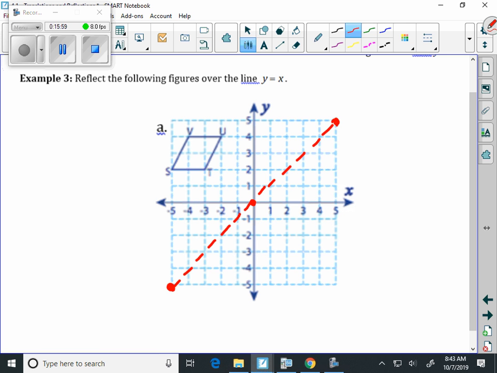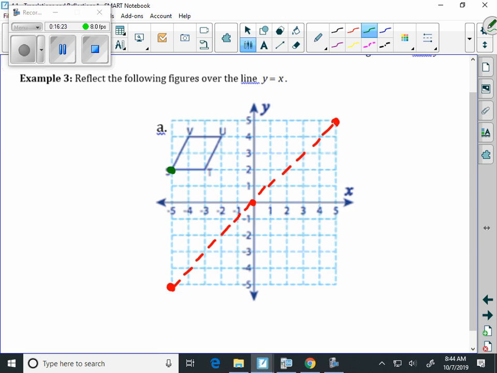I think it might be useful if you used a ruler, just because of how we're going to count to get this figure reflected over the line y equals x. I'll start with the letter S here.